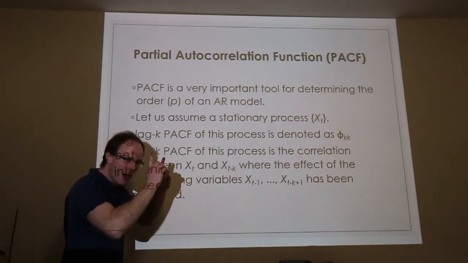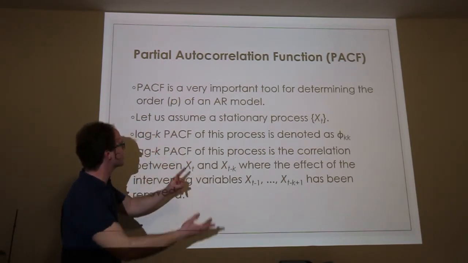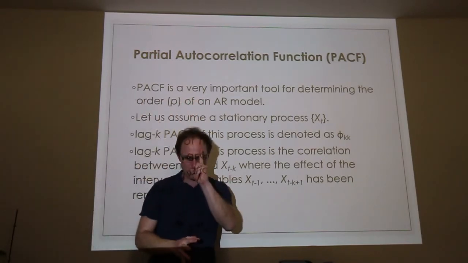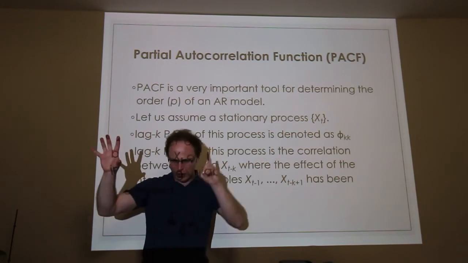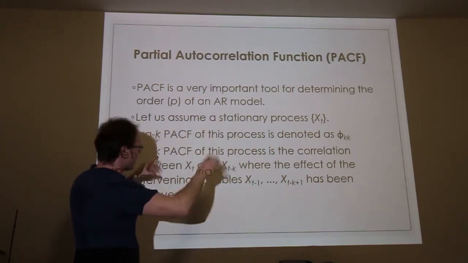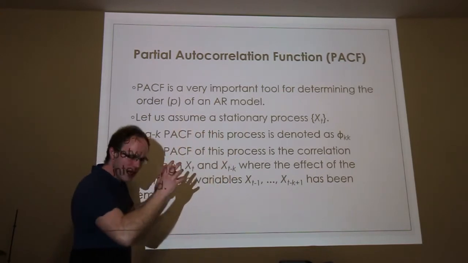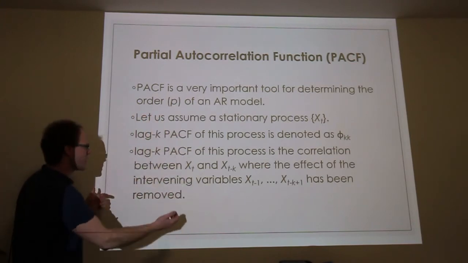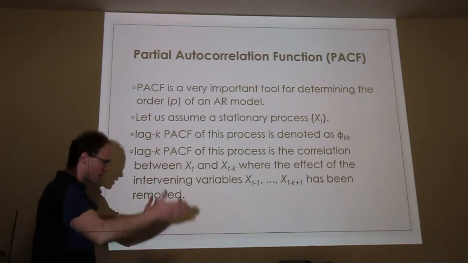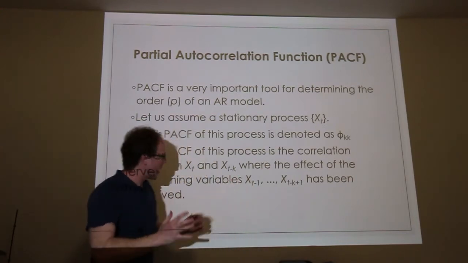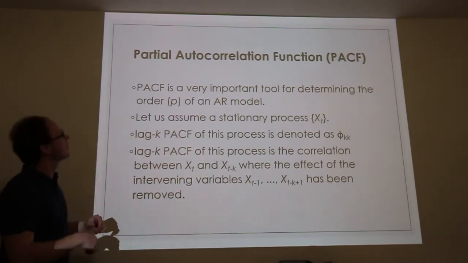So the partial autocorrelation function informs you about the correlation between any values in the time series without the intervening variables lying between them. So this is very important.